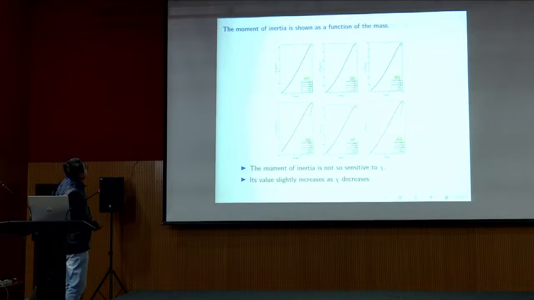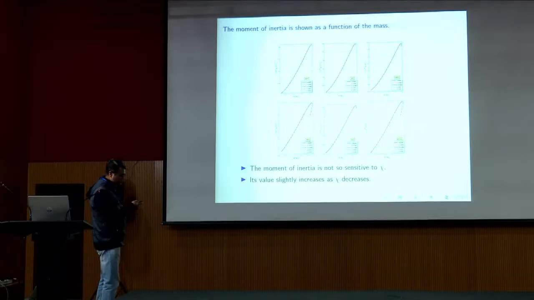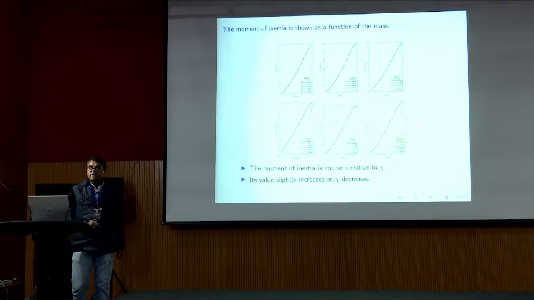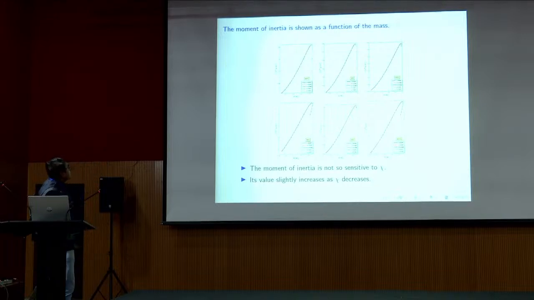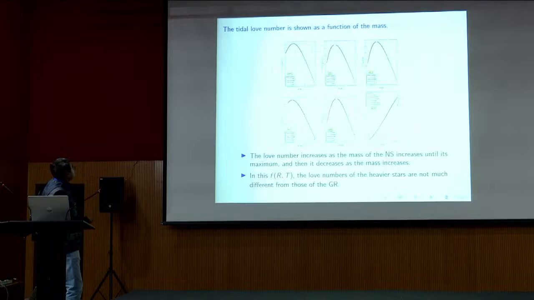For the moment of inertia with mass, it is nearly independent of the chi values for all the different equations of state. And for the tidal Love number as a function of mass, for the lower masses it has an increasing value and then a decreasing value, but for the higher masses again there is no significant change with chi.